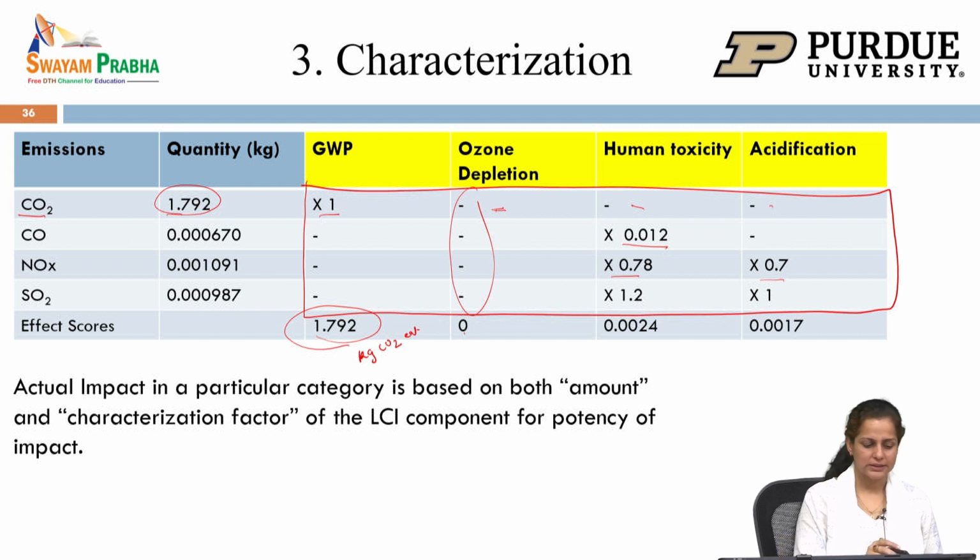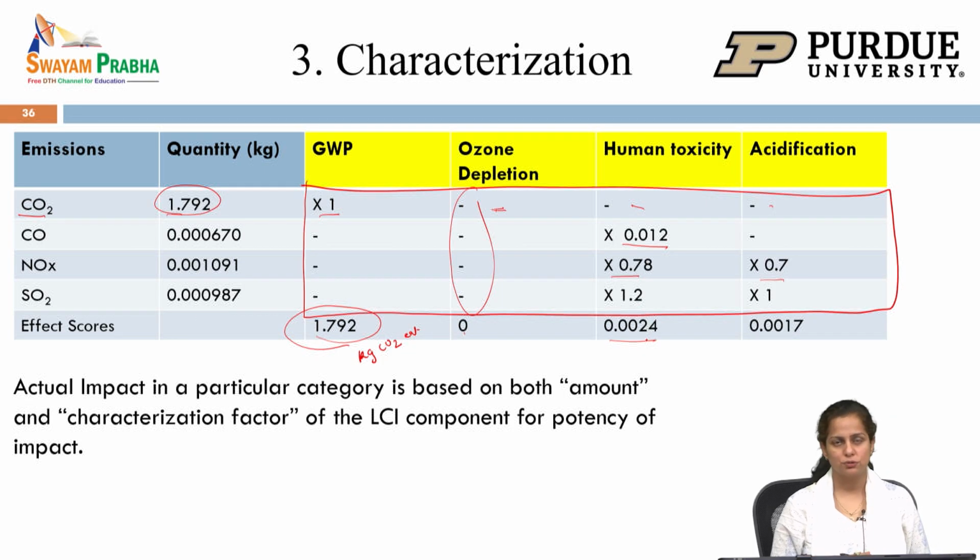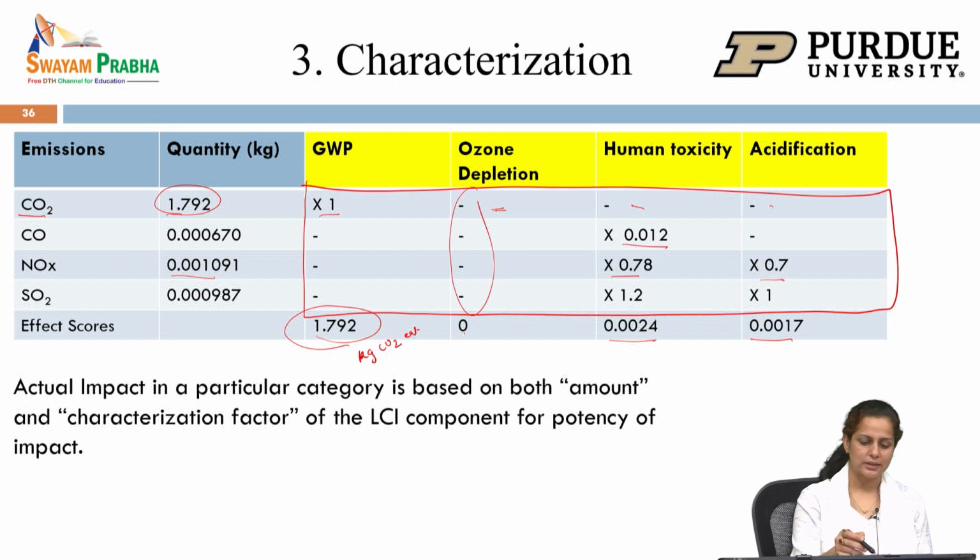For human toxicity, we have carbon monoxide multiplied by 0.012, NOx multiplied by 0.78 and SO2 multiplied by 1.2, and that comes out to be 0.0024. Human toxicity is in terms of kg 1,4-DB equivalent. And similarly for acidification, you do the amount of NOx multiplied by 0.7, SO2 multiplied by 1, and that gives us 0.0117.